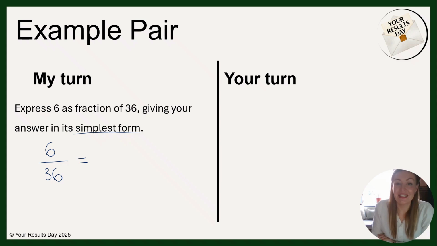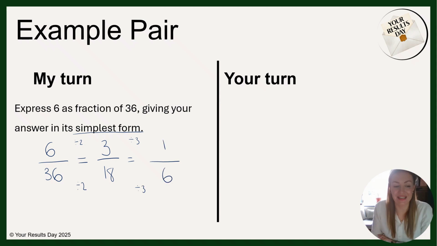And you can do this in as many steps as it takes. Some people might instantly see that the largest number we can divide both of these by is 6, and in which case go ahead and divide by 6. However, you might not be as confident with your times tables, and so if you need to do this in smaller jumps, for example, we could divide by 2 to begin with, because 6 divided by 2 is 3, and 36 divided by 2 is 18, and then you might notice that they're both divisible by 3 and break it down that way.